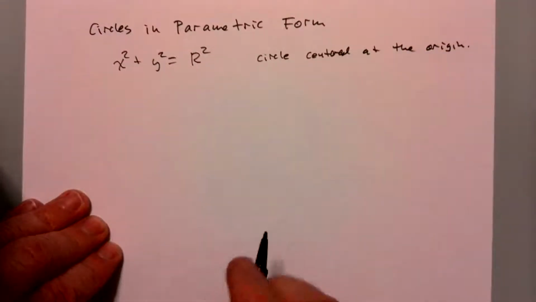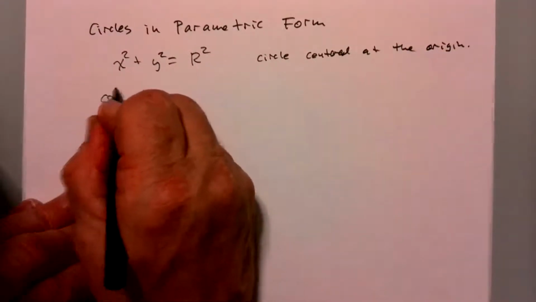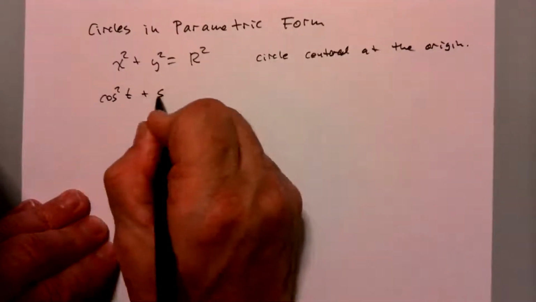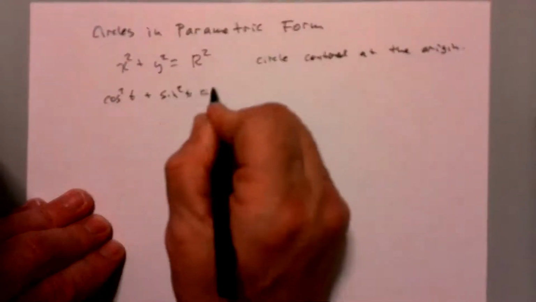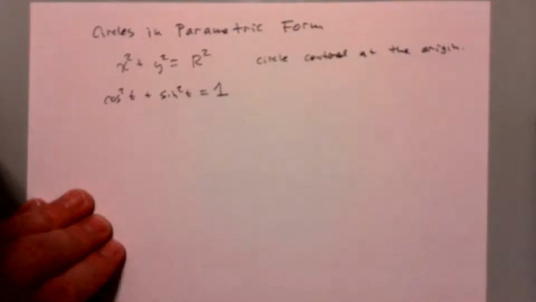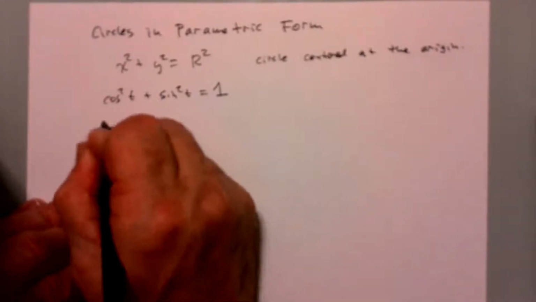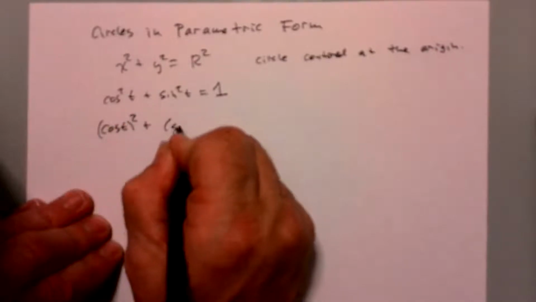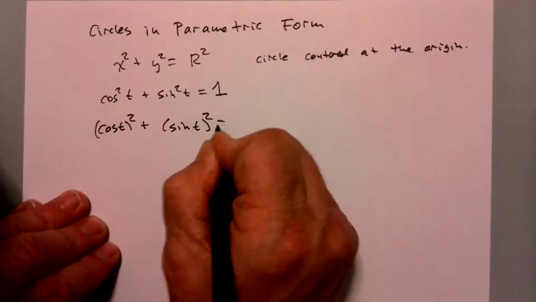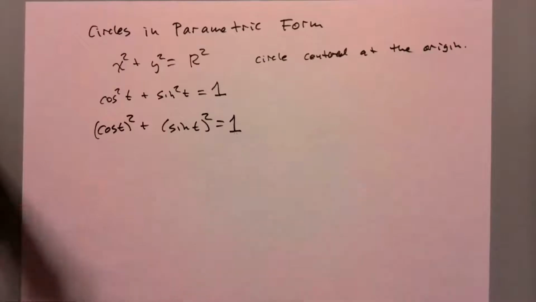But this is reminiscent of something, namely cos squared t plus sine squared t is 1. Or if you like, cos t quantity squared plus sine t quantity squared is 1. We know that is our favorite identity from pre-calculus.